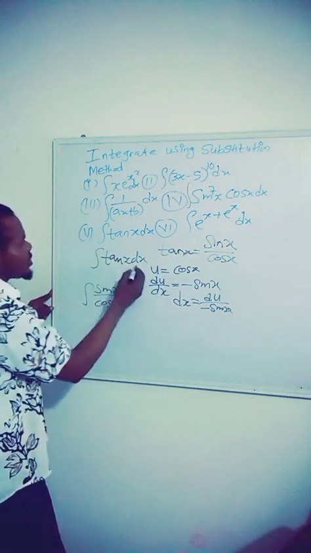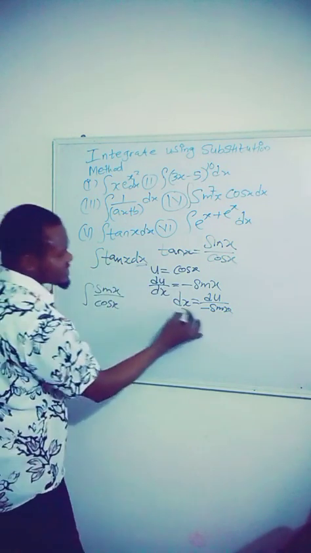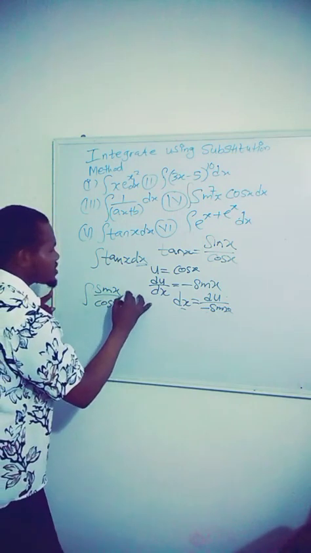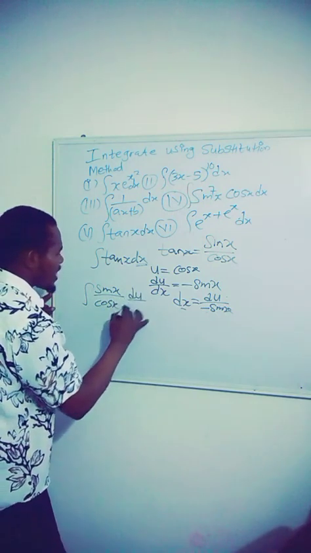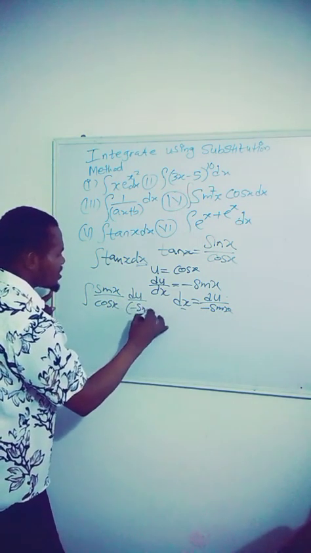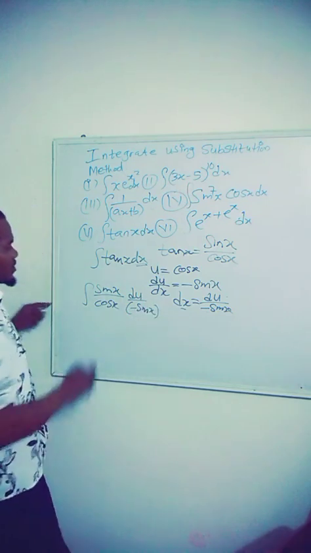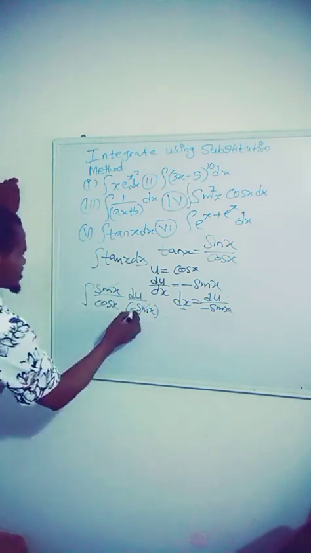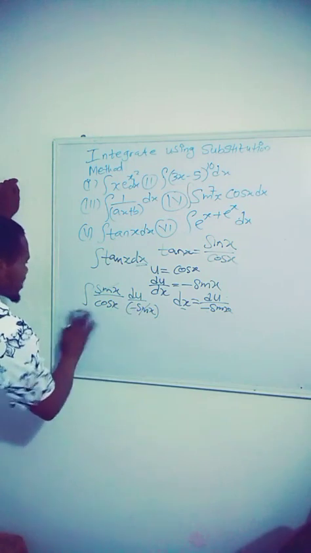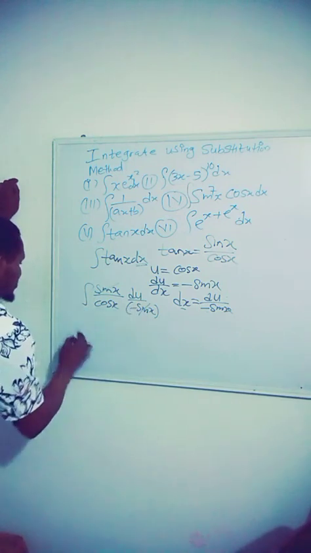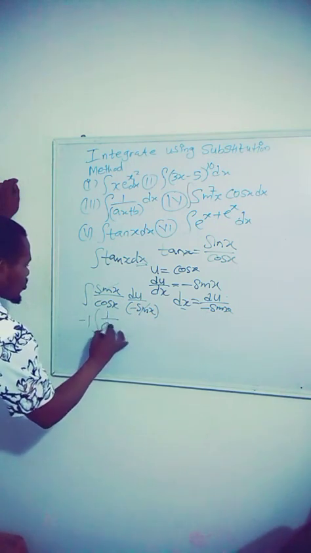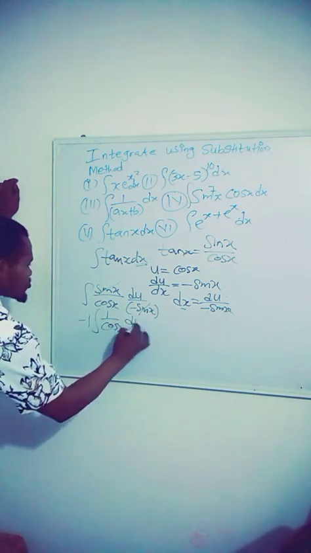What of our dx? Our dx is du over minus sin x. Are you seeing now? So sin cancels sin. We are left with a negative, which is a constant, so you can take it outside: minus 1 integral of 1 over cos x du.